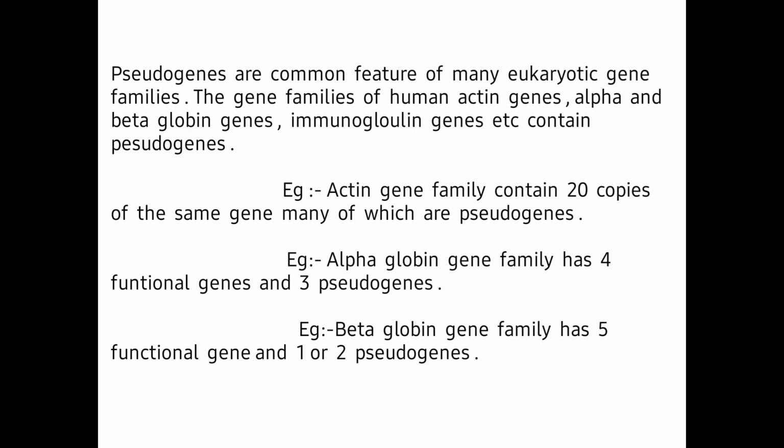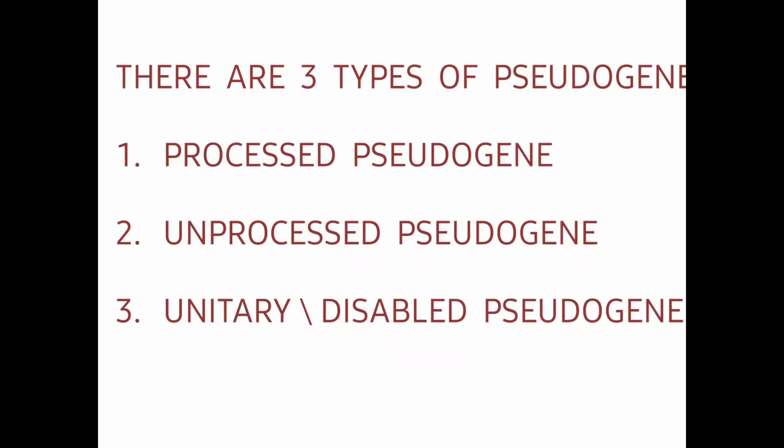These are all examples in which we can see pseudogenes. The actin gene family contains 20 copies of pseudogenes, the alpha globin gene family contains 4 functional genes and 3 pseudogenes, and the beta globin gene family contains 5 functional genes and 1 or 2 pseudogenes.